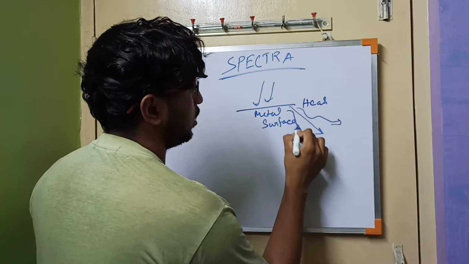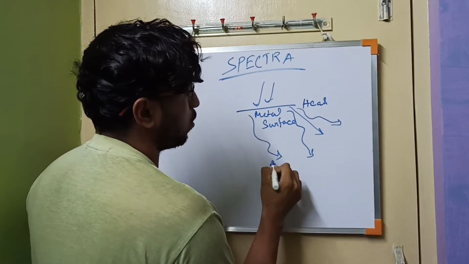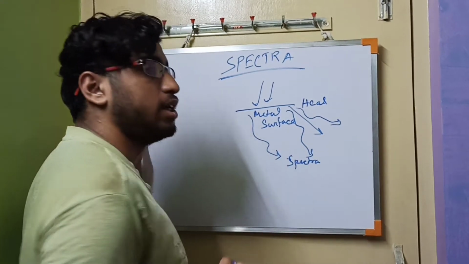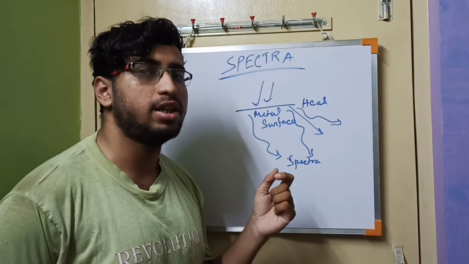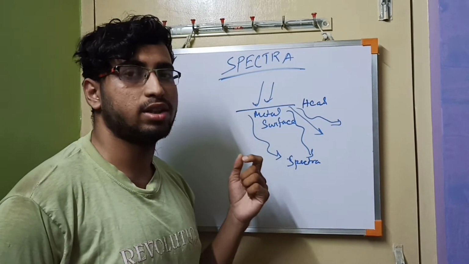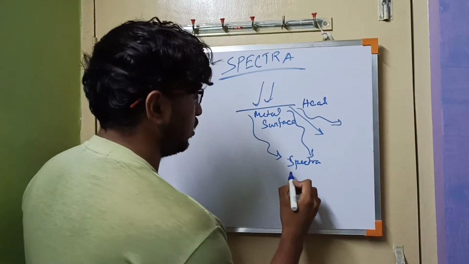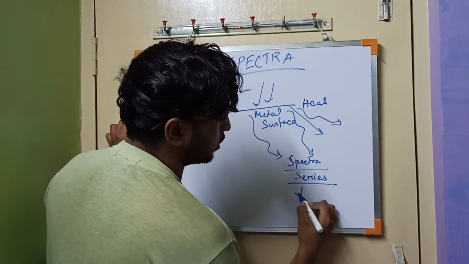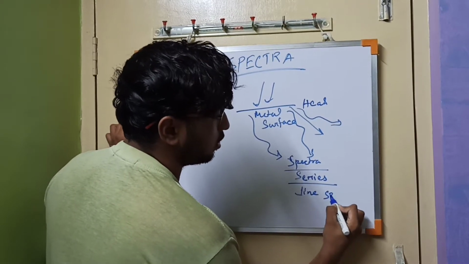The spectra is released in the form of waves. Basically, the spectra is a series of light, or a line of light. So we can describe it as line spectra.